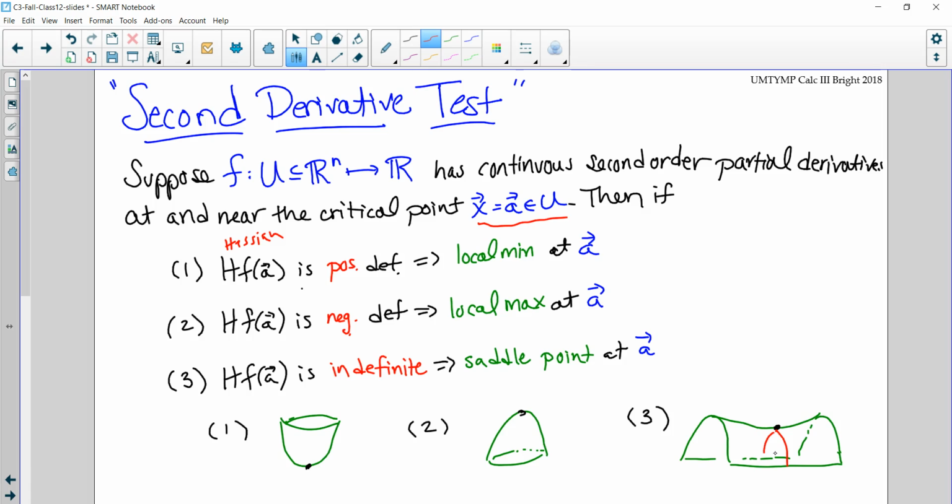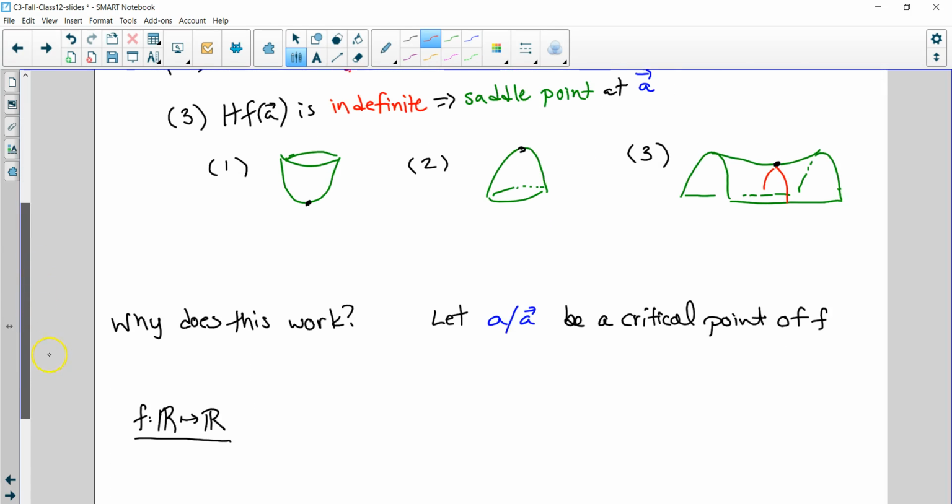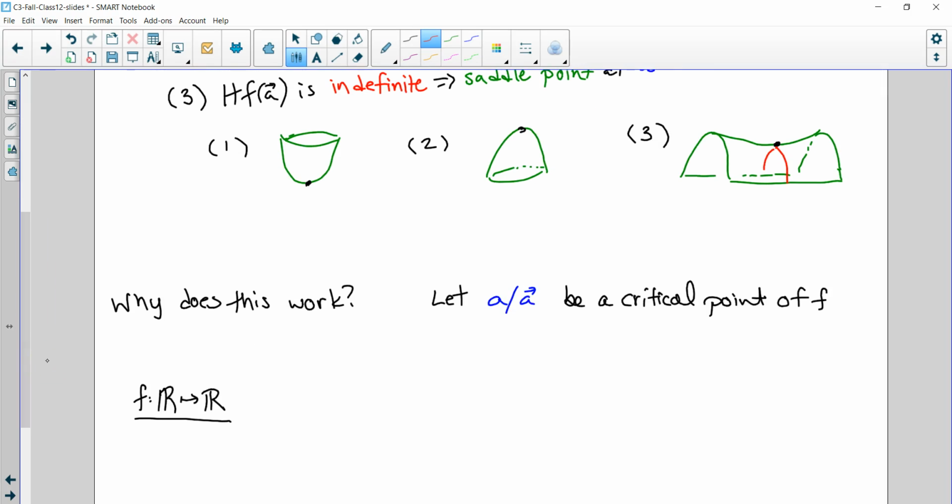If you want some justification, and this isn't necessarily a formal proof, we could think of a critical point and look at Taylor polynomials, which we studied last week.